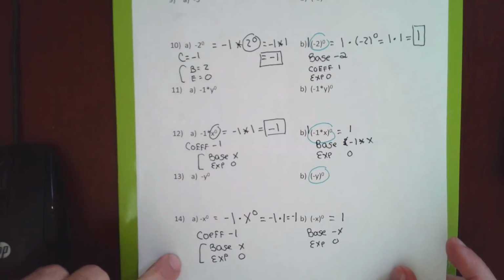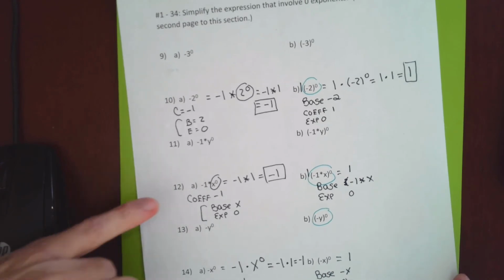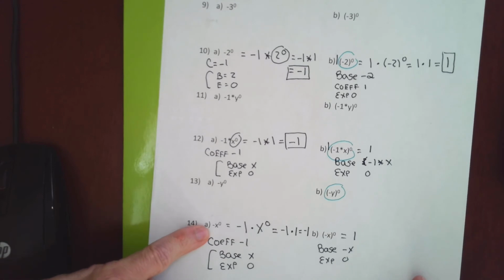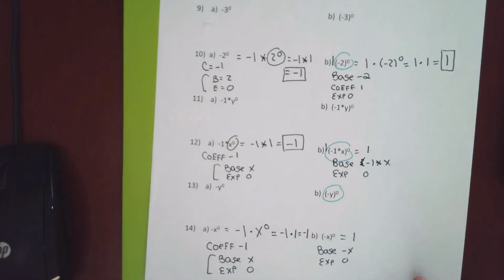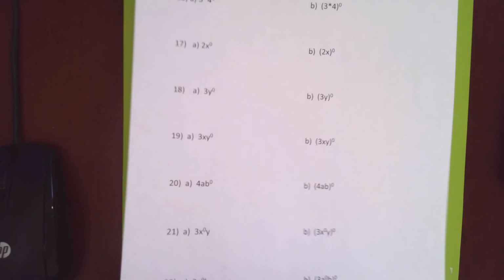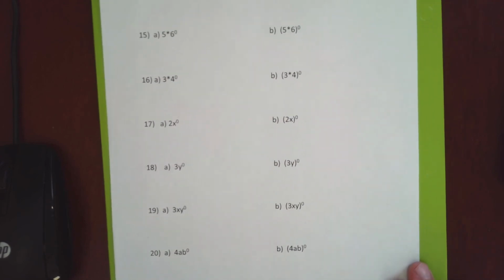So all these part A's either had multiplication, or if they were a single number, it wasn't positive, or if they're a single letter, it's not positive. So only purely parentheses with implied coefficients of 1, or single positive numbers, single positive letters, those are equal to 1. Let me keep going through this sheet.